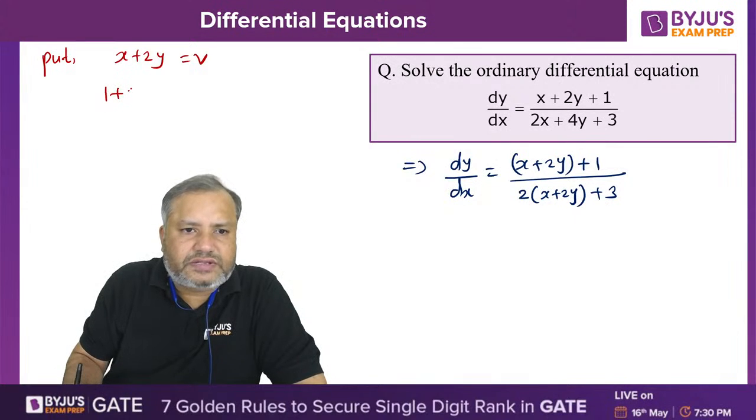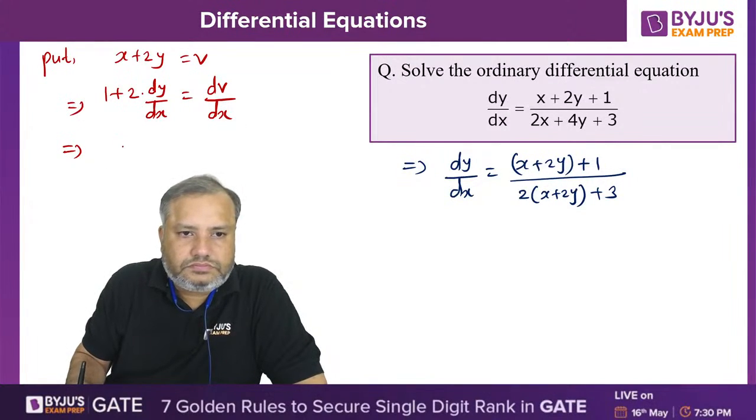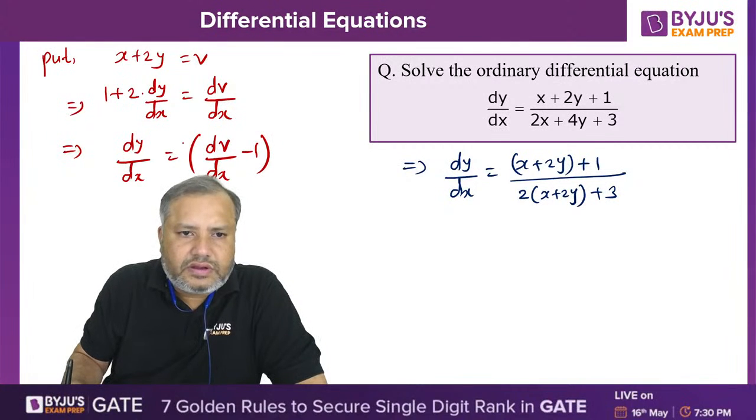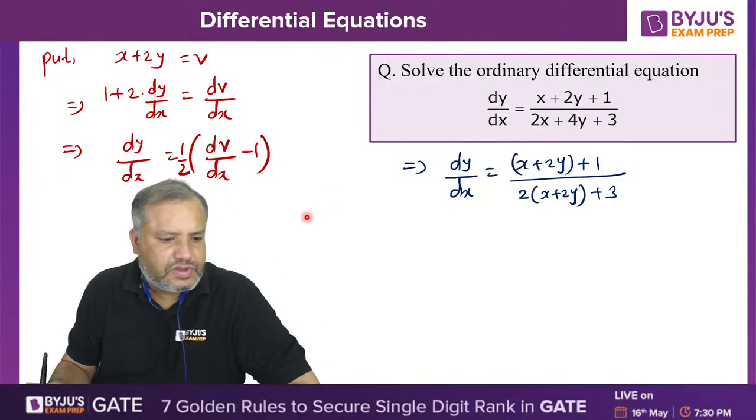Differentiate with respect to x. So dy by dx will be dv by dx minus 1 and divide by this 2. Correct?